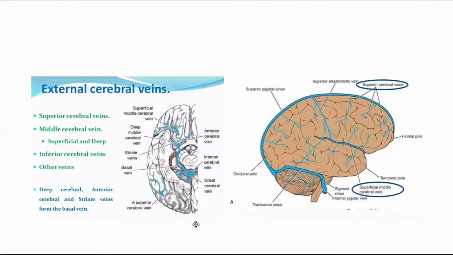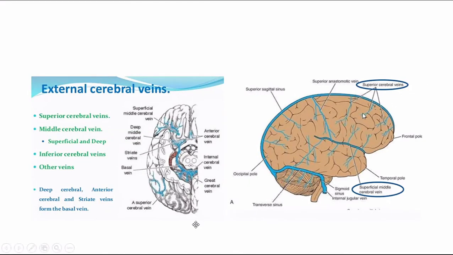Now, for the veins to the cerebrum, we have the external and the internal veins. The external cerebral veins, there are four. We have superior cerebral, middle cerebral, and inferior cerebral veins, and other smaller veins. See this picture first.